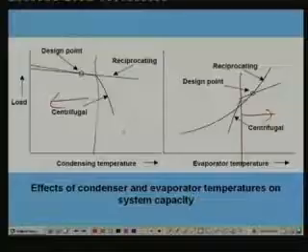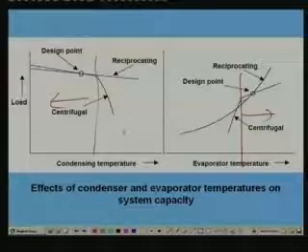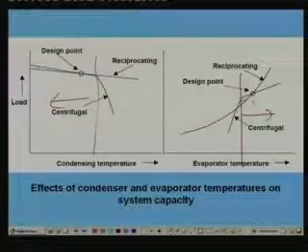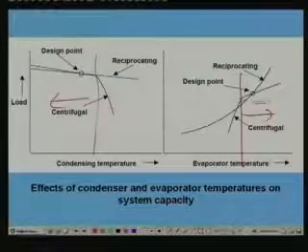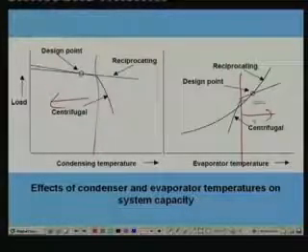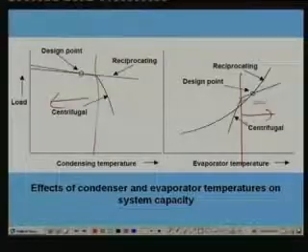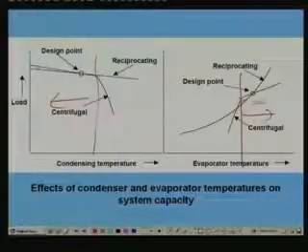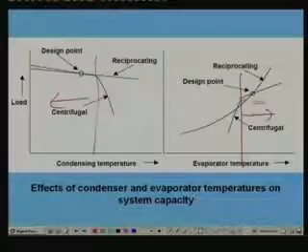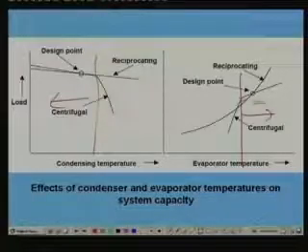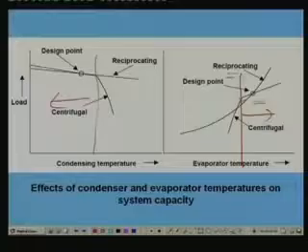One more thing you can notice here is the effect of the evaporator temperature. Compared to the centrifugal compressor, the effect of evaporator temperature is more severe on reciprocating compressors.